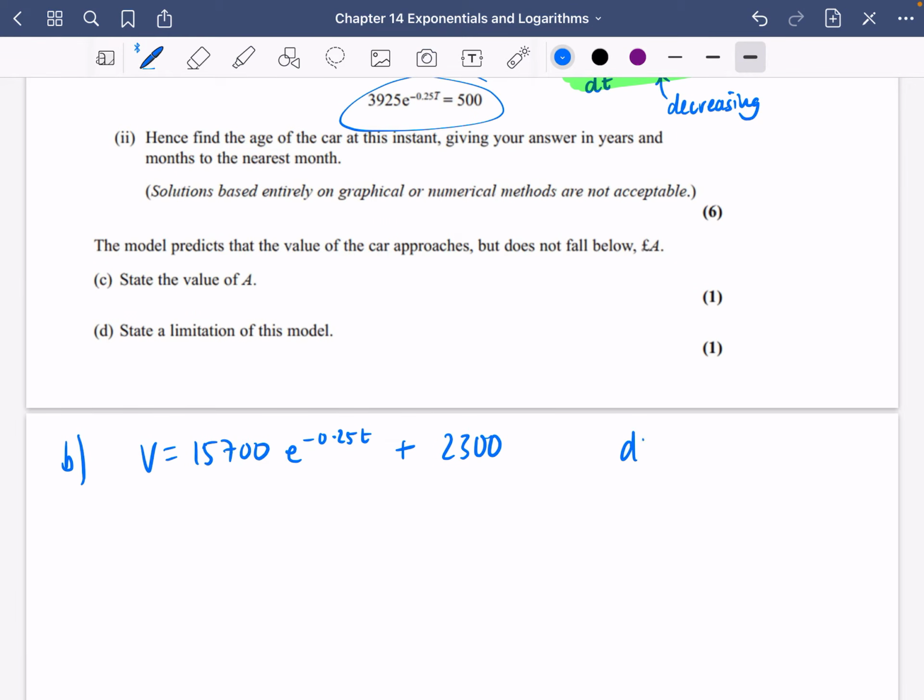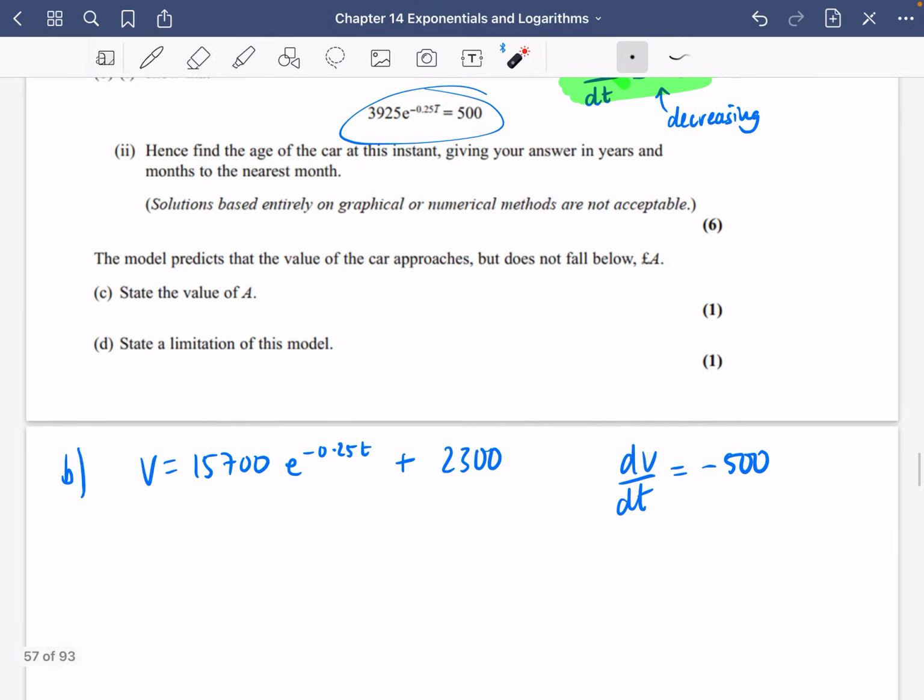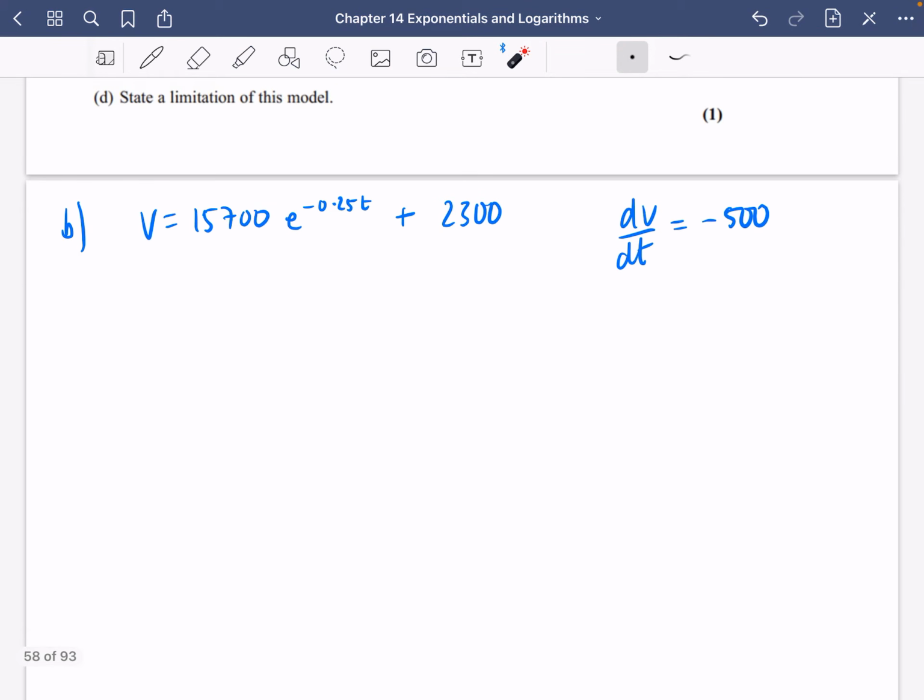And I know that dV/dt is minus 500 because the rate of change is a decrease of £500 per year. So I think what I can do is differentiate this. If I differentiate this with respect to time, I will get dV/dt, and then I can compare it to this thing.